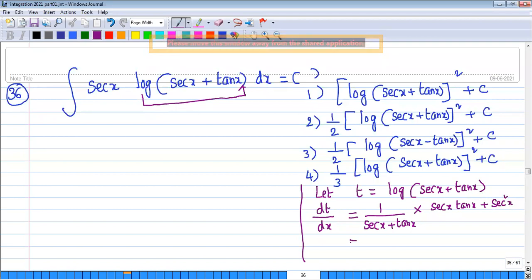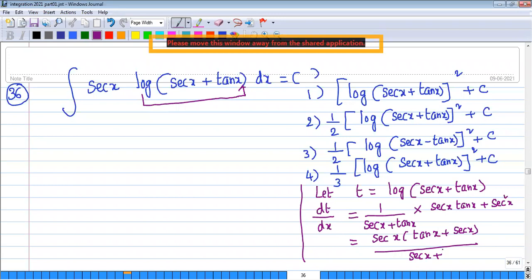If we take secant x common, we have (tan x plus secant x) upon (secant x plus tan x). This secant x plus tan x will cancel out. We have secant x. So that means we can have dt is equal to secant x dx from this step.